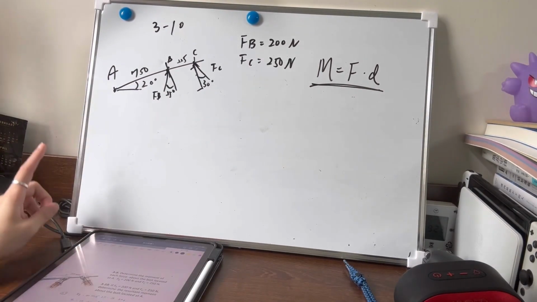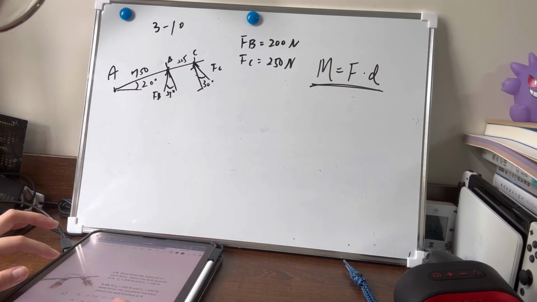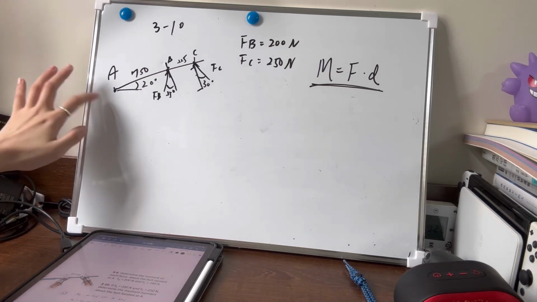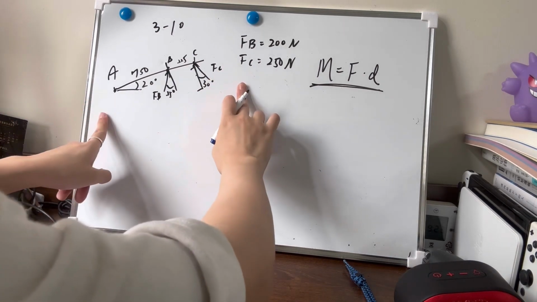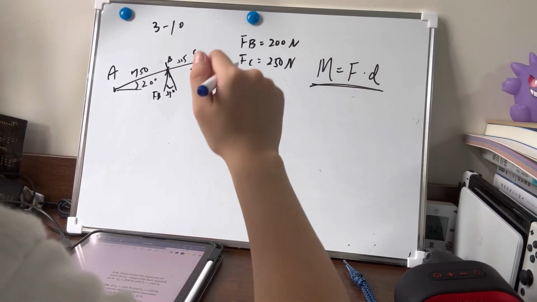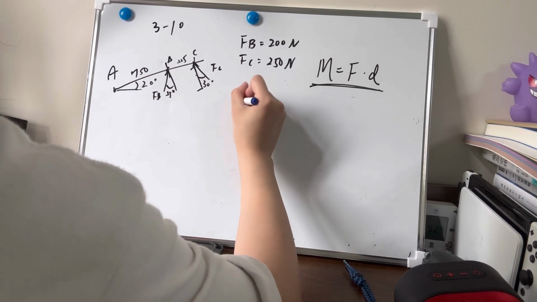And the next one, it tells us to determine the resultant moment about the bolt located at A. So the whole thing is equilibrium. So we have to find out the summation.